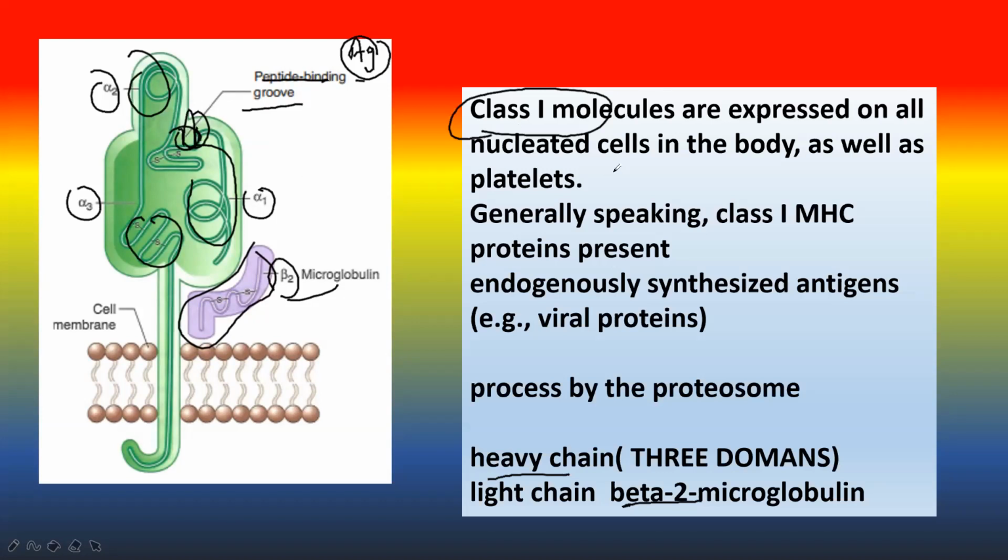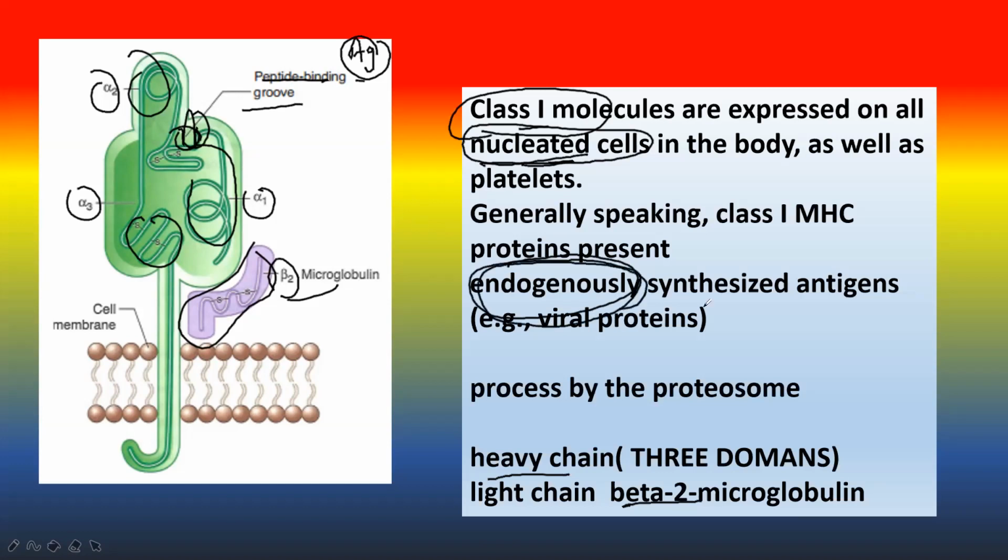What is the location of MHC1? Where is MHC1 present? All body cells. Every cell of the body has MHC1 except RBC, because they do not have a nucleus. All nucleated cells, like liver cell, kidney cell, lung cell, intestine cell, skin cell, brain cell. So every body cell, if it has a nucleus, has MHC1. So how do they present endogenous antigen?